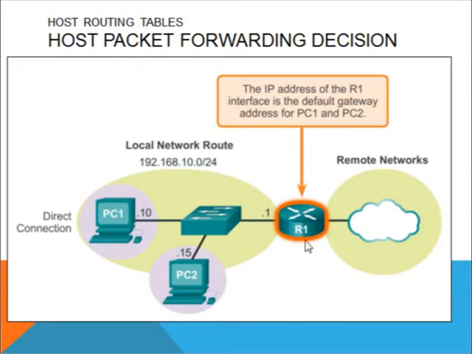In this case, the R1 router is the guardian between the two networks, 192.168.10.0 and the other remote networks outside. Because it is a guardian, there is a technical term used to describe it, which is known as the default gateway.